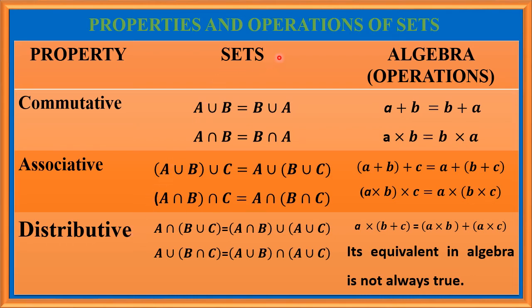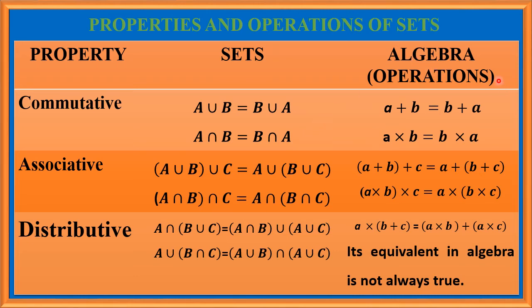When we relate that to sets, for commutative property we have two sets. If we have A union B and it's the same as B union A, then commutative property is shown here. Or if you have A intersection B equal to B intersection A, again commutative property is shown.